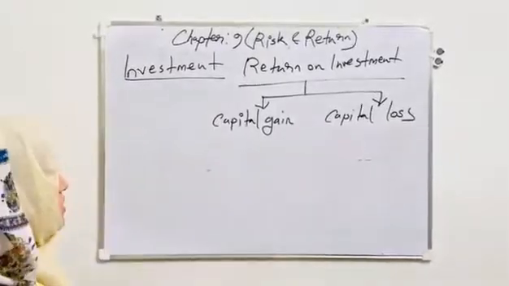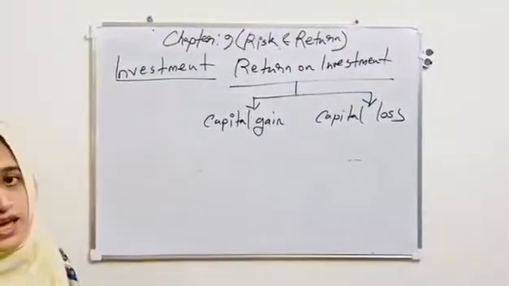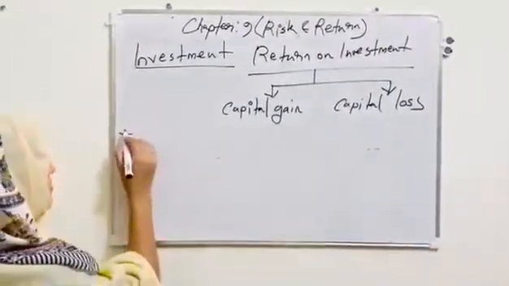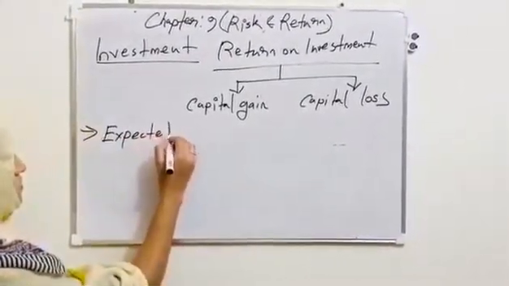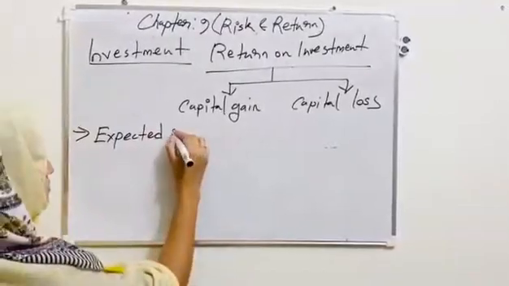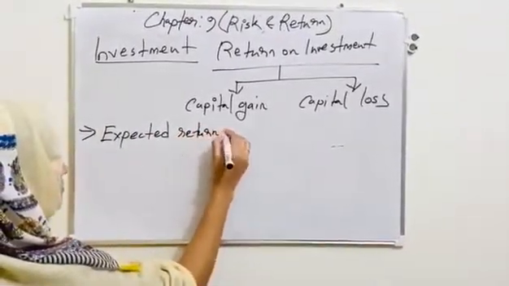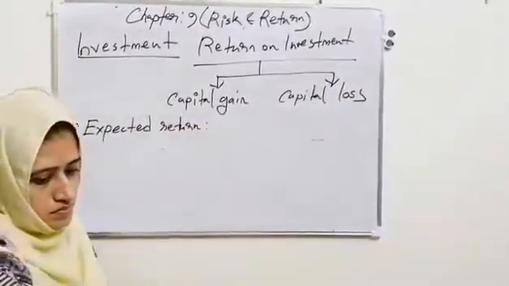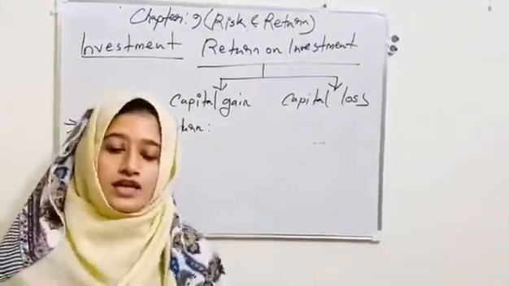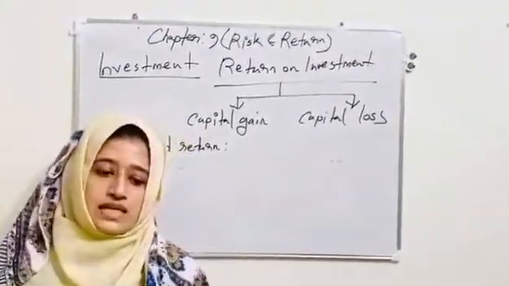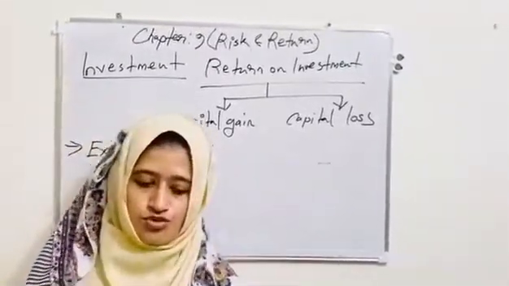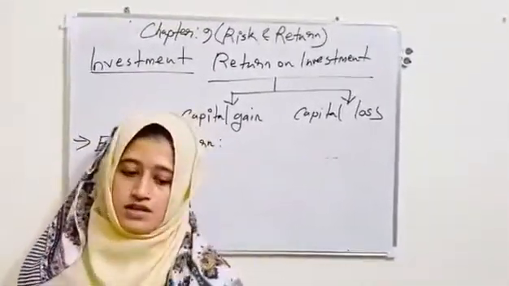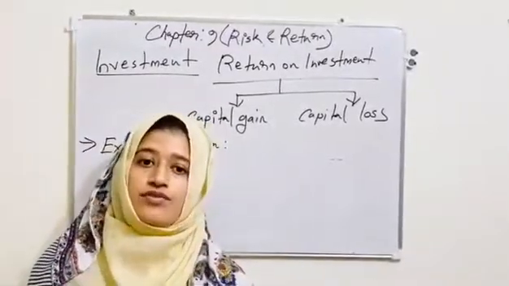And our today's second topic is expected return. The expected rate of return is an anticipated value expressed as a percentage to be earned by an investor during a certain period of time.